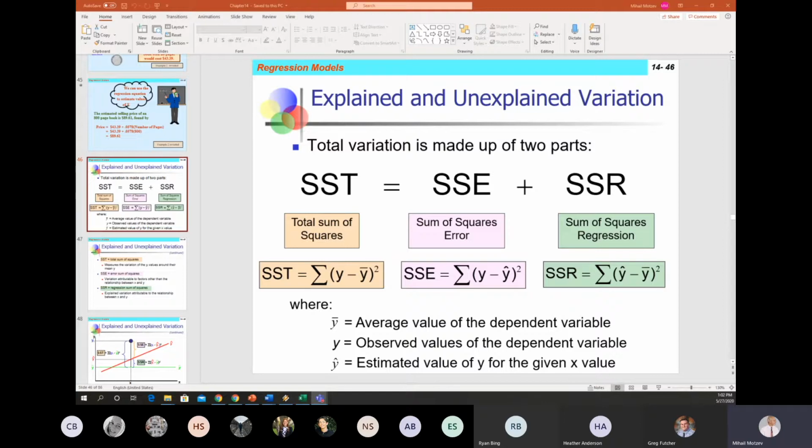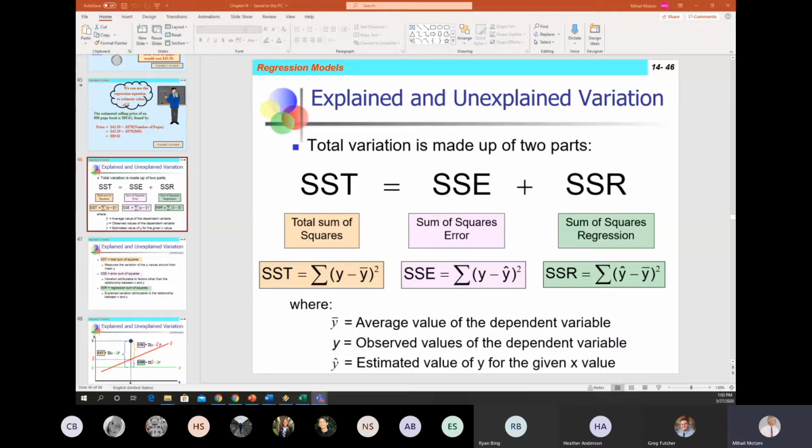This total sum of squares, as it is usually called in statistics, is divided in two parts: the sum of squares which we called explained, and the sum of squares which we called unexplained. The unexplained is also referred to as random.